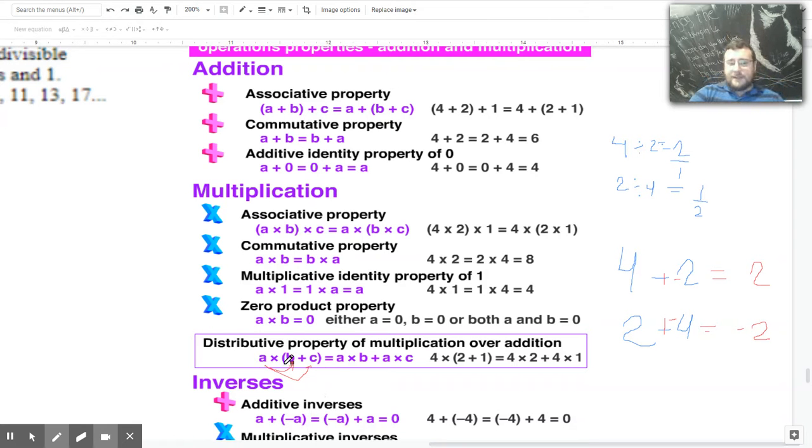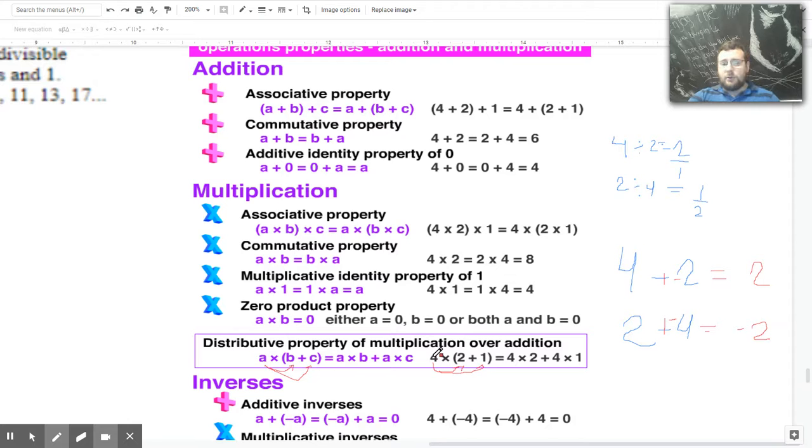But that's the same thing as saying that in this example, 4 times (2 plus 1) is the same thing as 4 times 2 plus 4 times 1, right? So essentially, you would multiply the number outside by each of the numbers inside and then add them together.